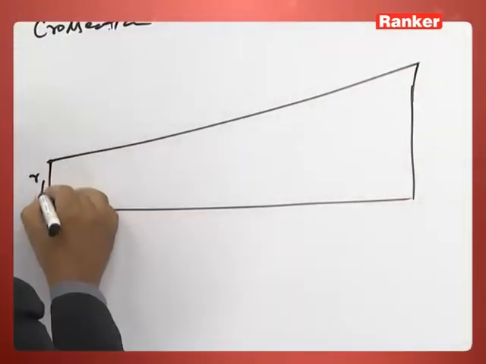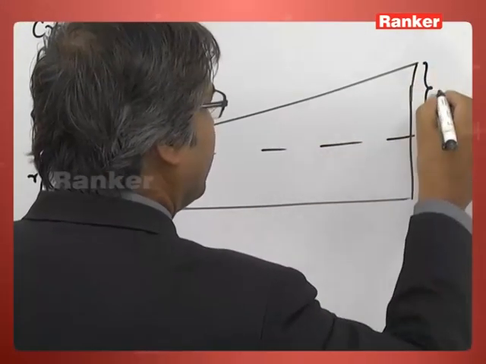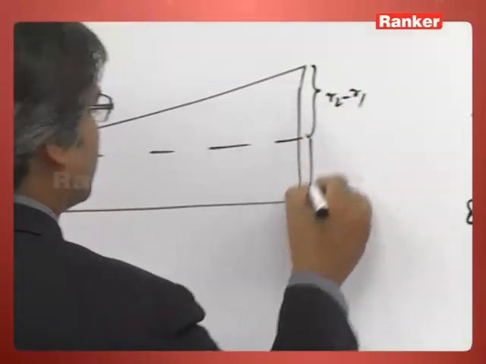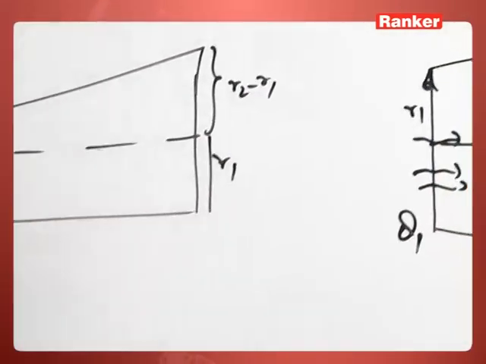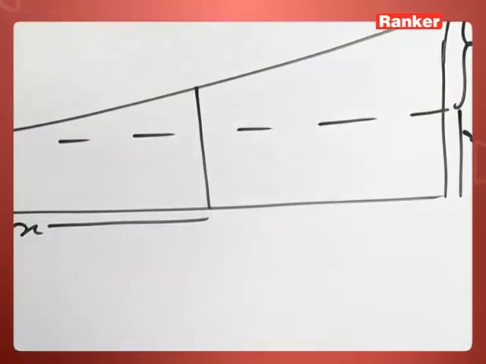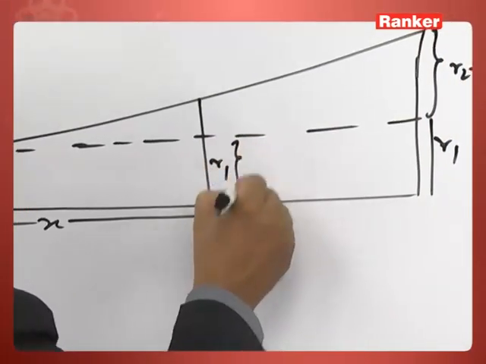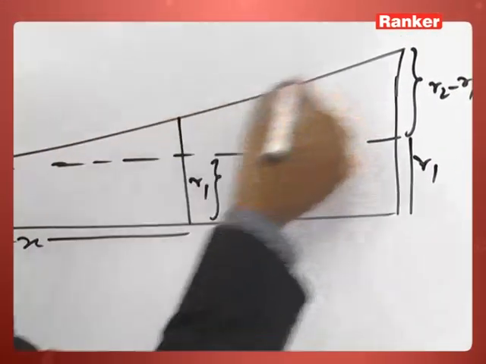So, this is R1 and this is R2, so I can write this as R2 minus R1. This one will become R1. At a distance x, you see this triangle.